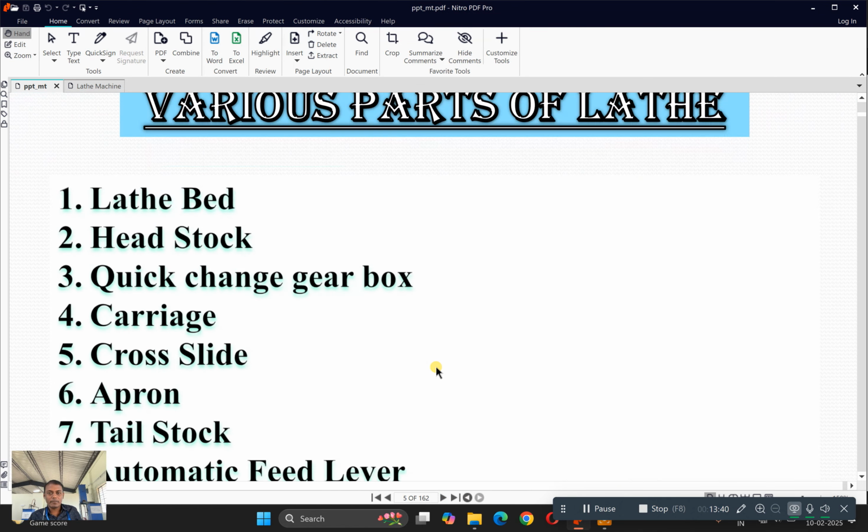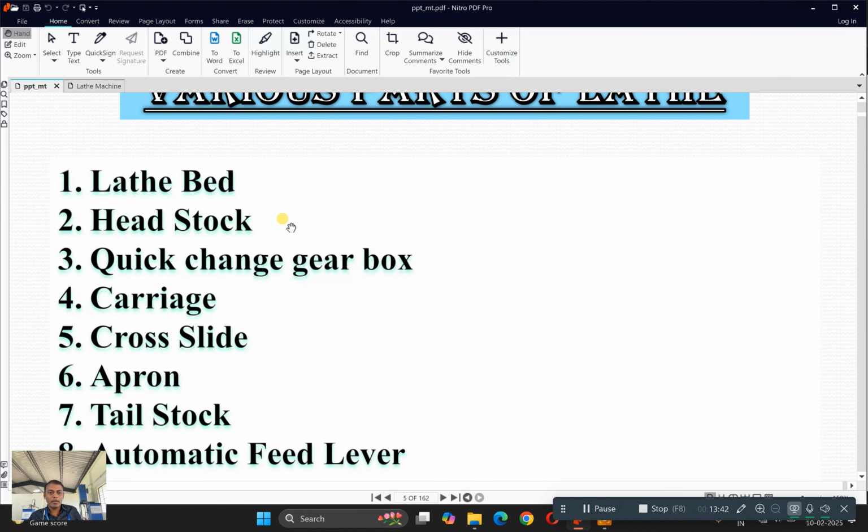So the various parts of a lathe are the lathe bed, headstock, and quick change gearbox. This quick change gearbox is a gearbox which is used to vary the speed of your chuck or spindle. Then there is a carriage which is used to move your tool post from one location to another. And we are having a cross slide which is used to move your tool post front and back.